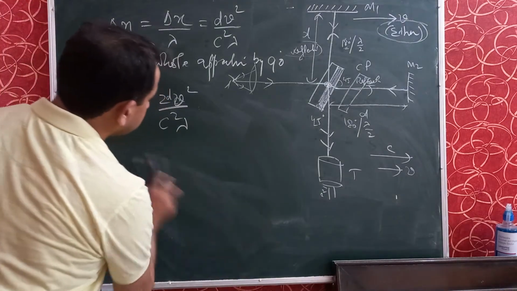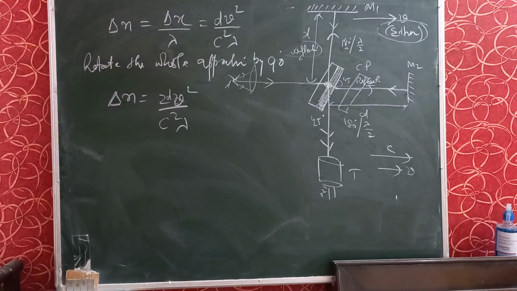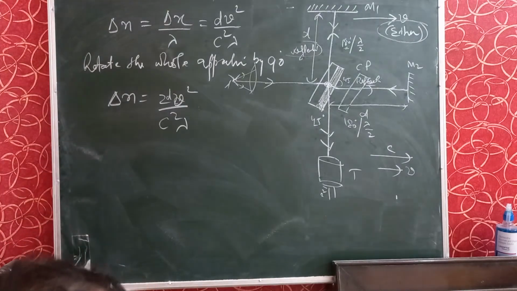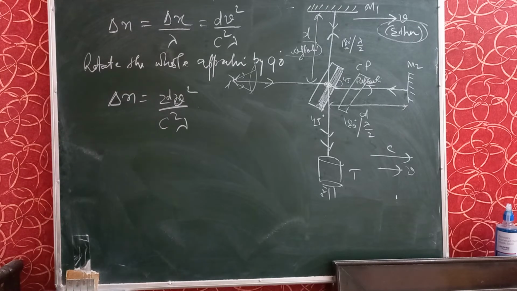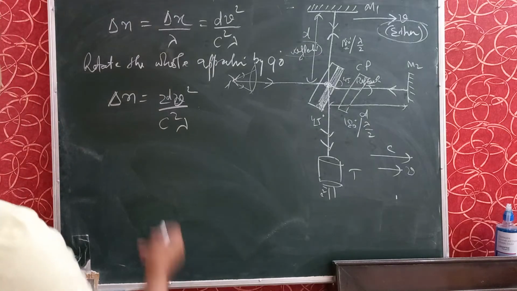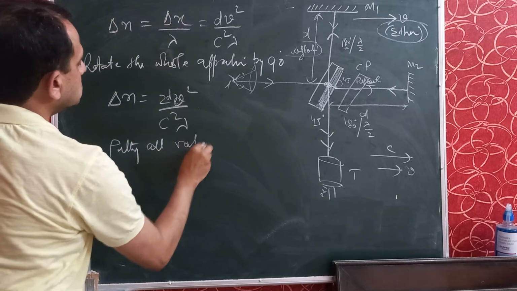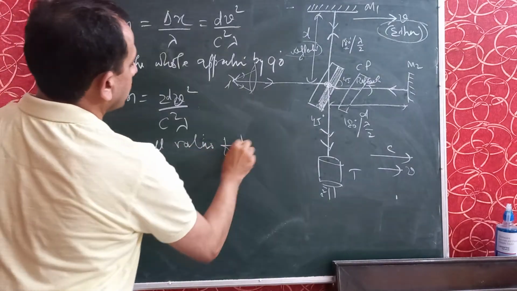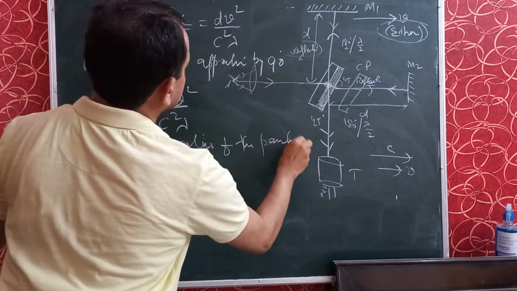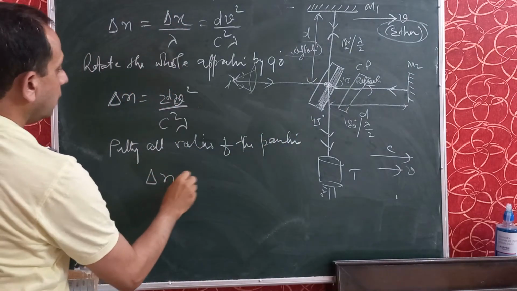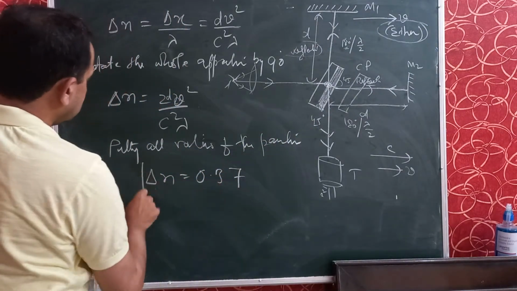So, on putting the values of d, v, c and lambda, taking d as 11 meter, lambda as 5.9 into 10 power minus 7 meter and v upon c as 10 power minus 4, then on putting all the values of the parameters, we will get delta n equal to 0.37.